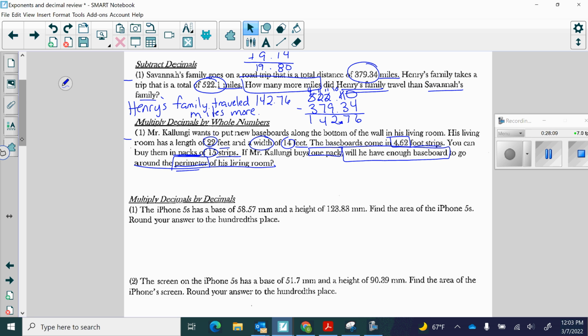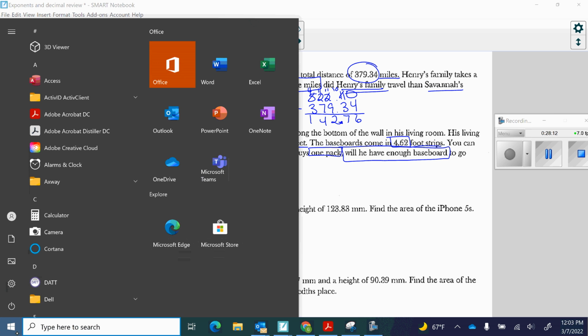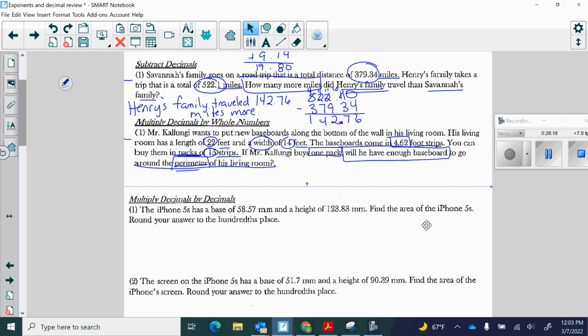Let's say this wall over here is 22 feet. What do I know? Emma? That the wall across from it or parallel to it is also 22 feet. So how many feet is that in all? That's 44 feet.